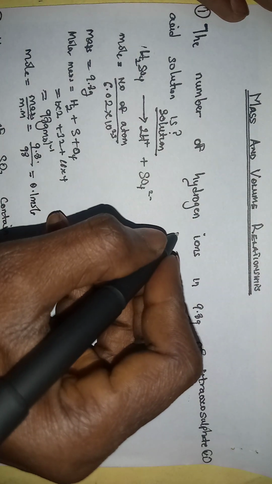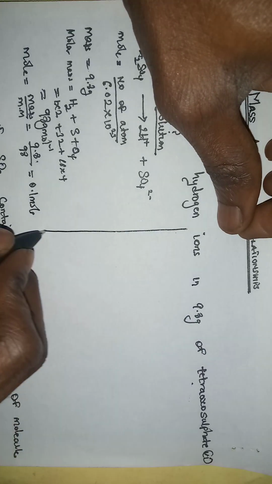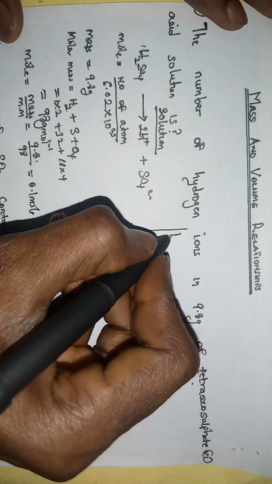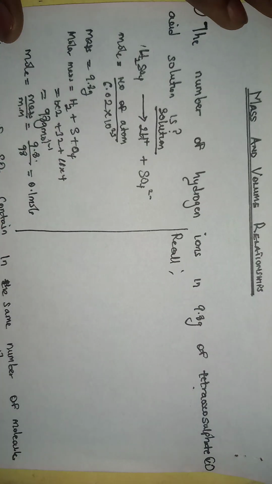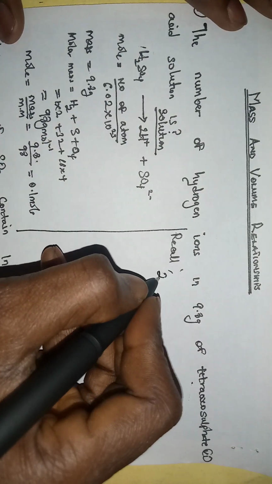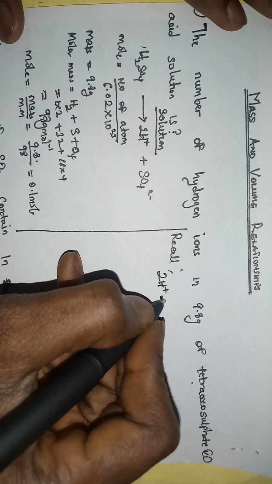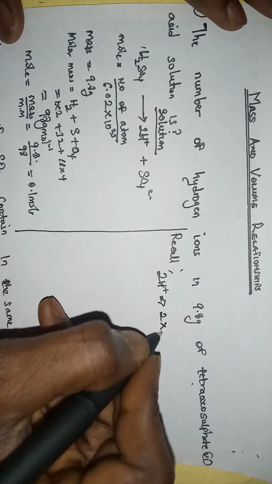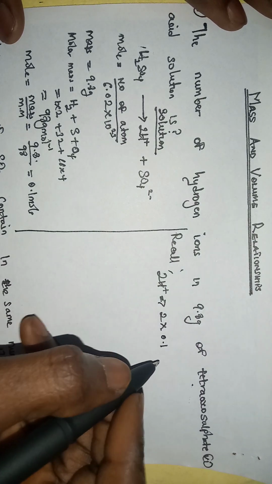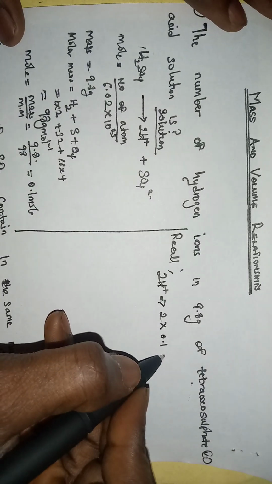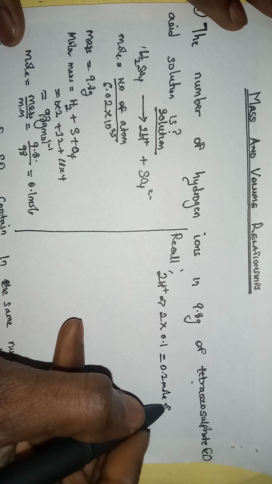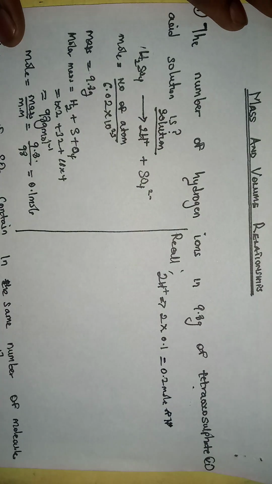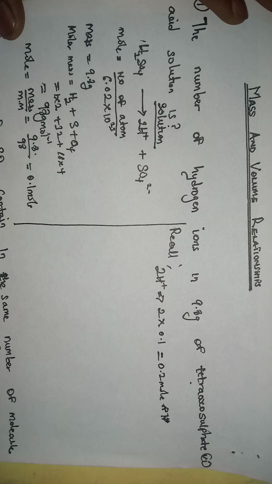And recall that we should calculate the number of hydrogen ion. We have 2 mole of hydrogen ion, so we have 2 multiplied by 0.1 because we have 0.1 mole here. So it's 0.2 mole of hydrogen ion that we have here.